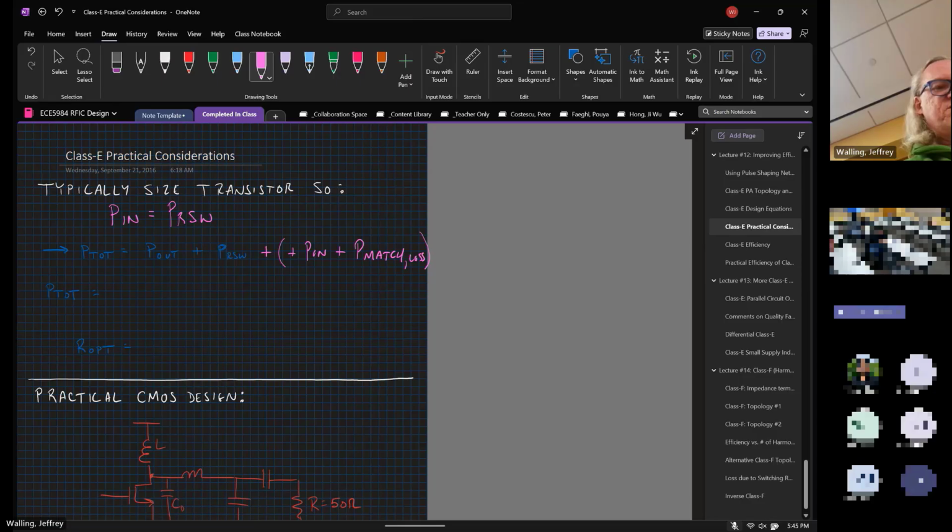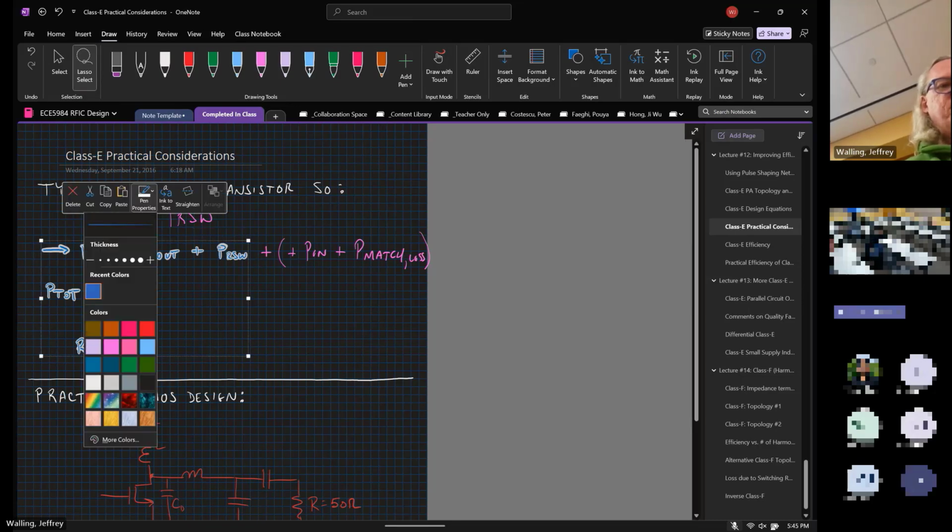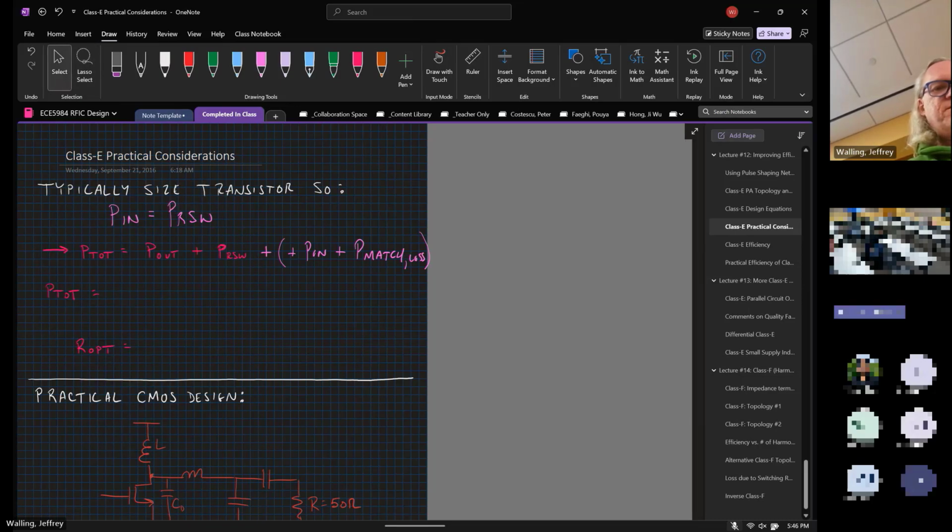So I can make some substitutions here. We're in that dark blue color again. Let me fix that. All right, so we make our substitutions, 0.577 times VDD squared over R opt plus 8/3 R switch times P out over VDD, quantity squared.